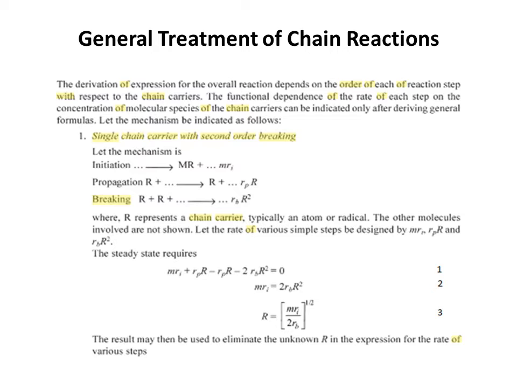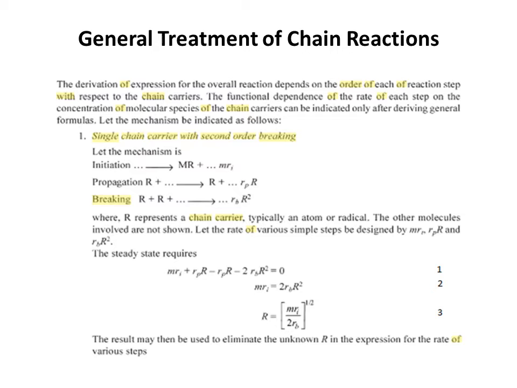Second step is propagation: R will react with another molecule to form R, with rate constant k_P. Termination: R plus R will give you R2, that is the neutral molecule, where R represents a chain carrier, typically an atom or radical. The other molecules involved are not shown.